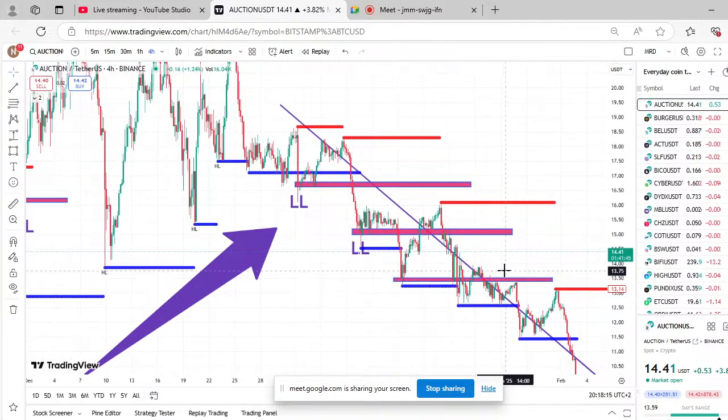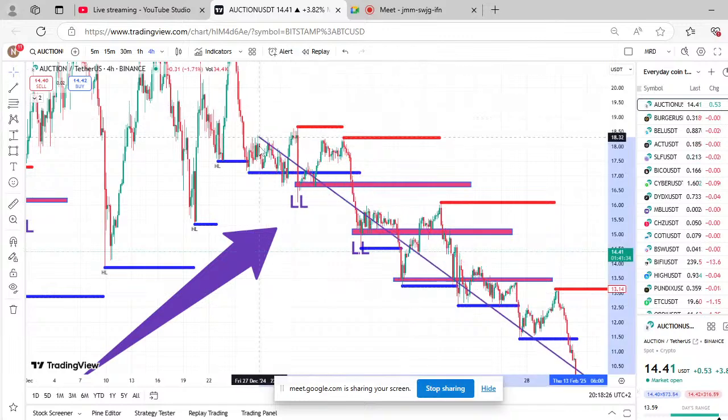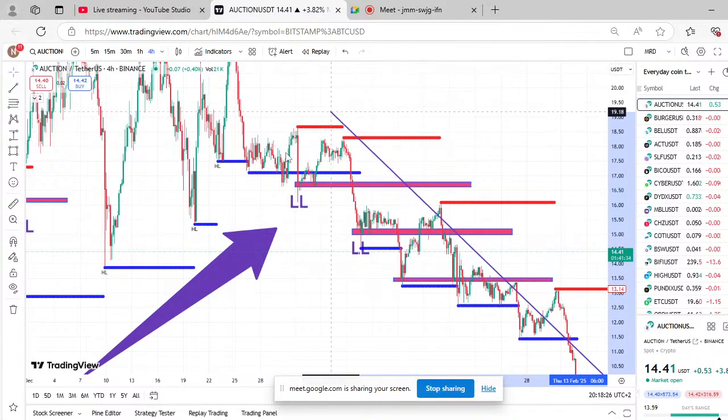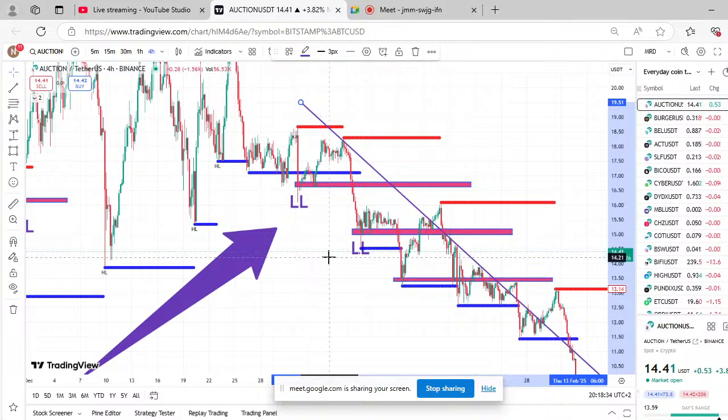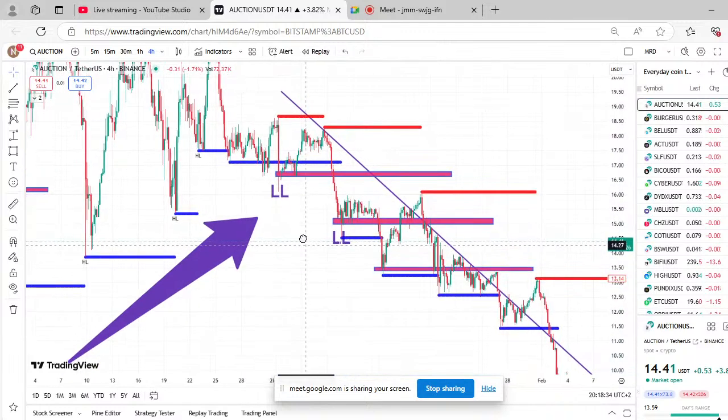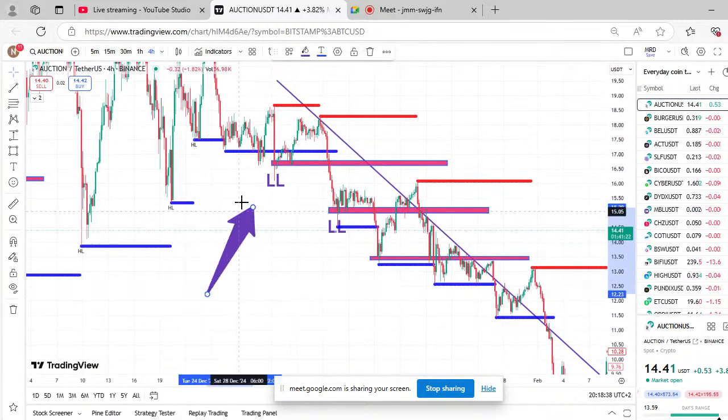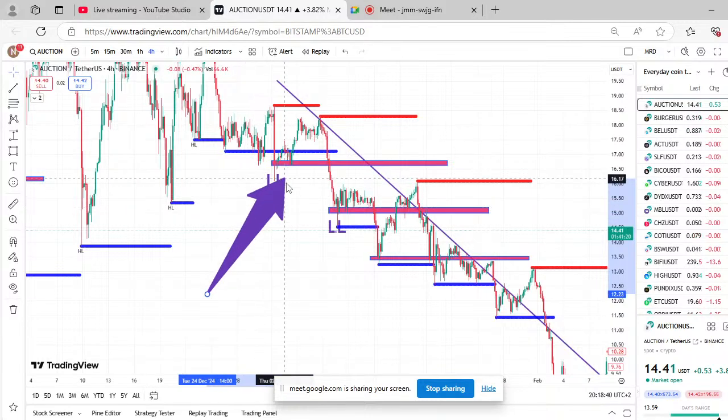So we agreed that we have to wait for the market to first break, as long as it is a downtrend movement. When the market is moving down, like here, that is called the downtrend. So we have to wait for this market to form what we call the lower lows.